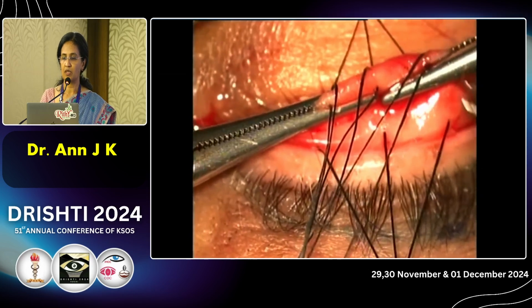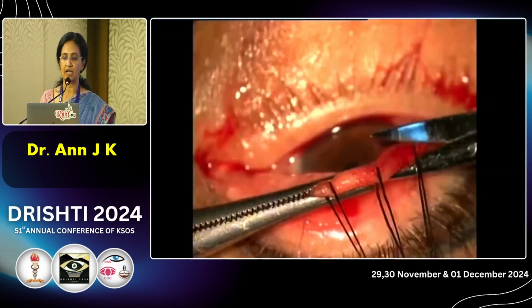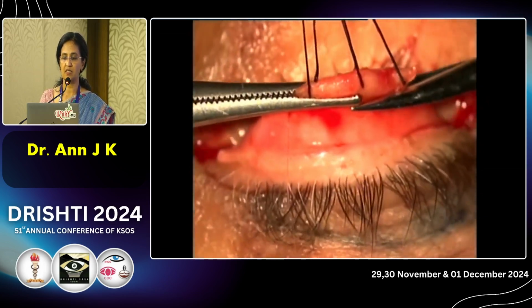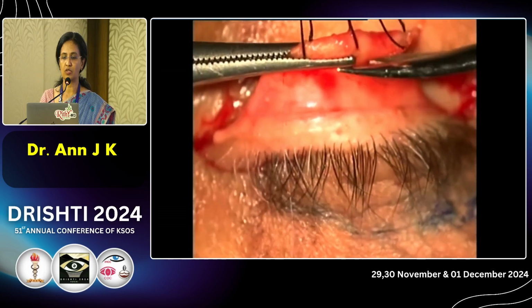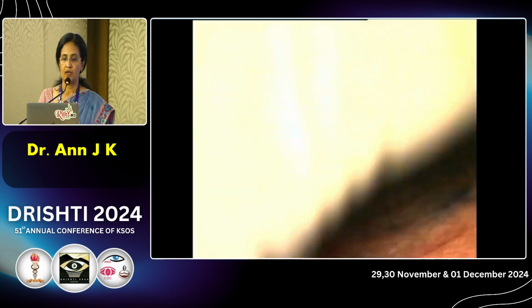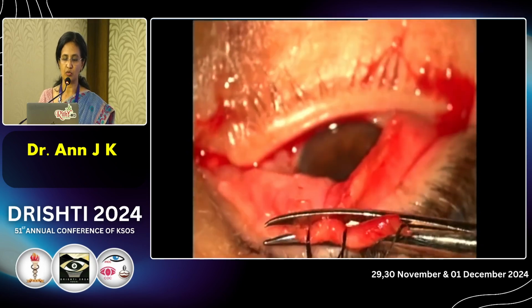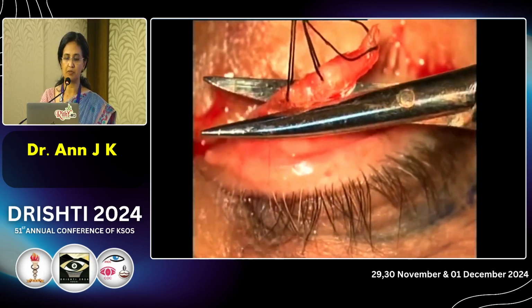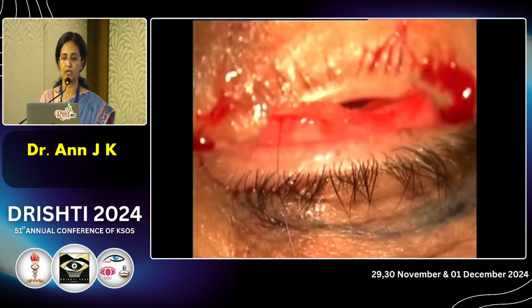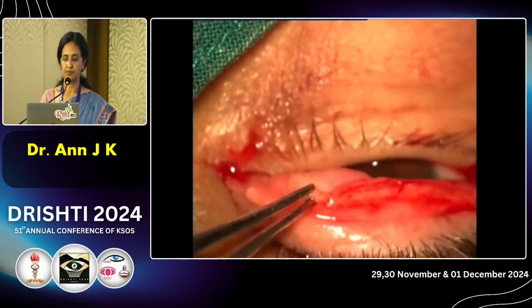Once you reach the lateral end, leave it like that and remove the clamp, then you can excise, and care should be taken not to touch the previously sutured area. After that, with the other end of the 6-0 nylon suture, it is a double arm suture, you can close the wound in a locked manner.